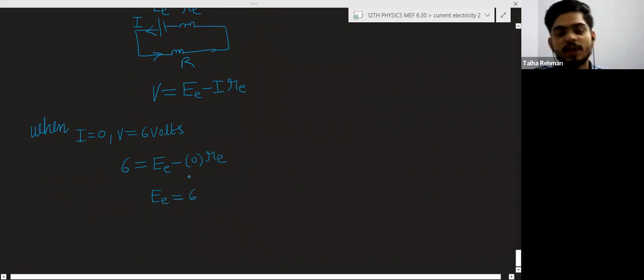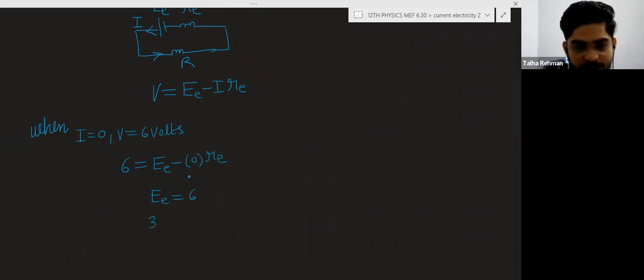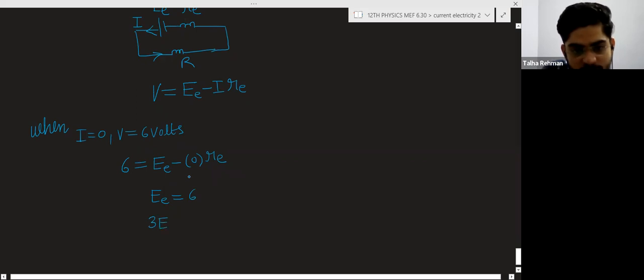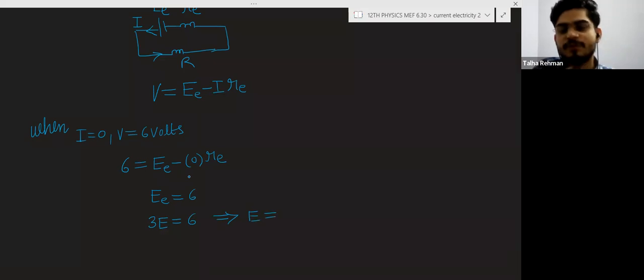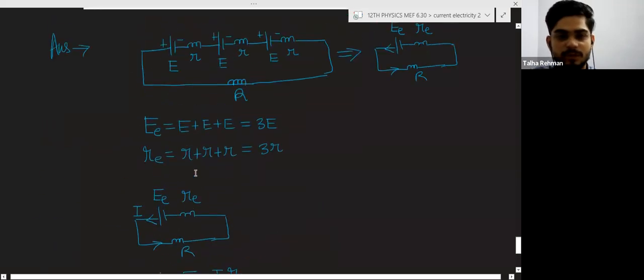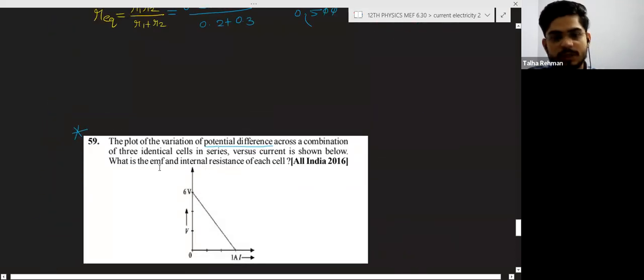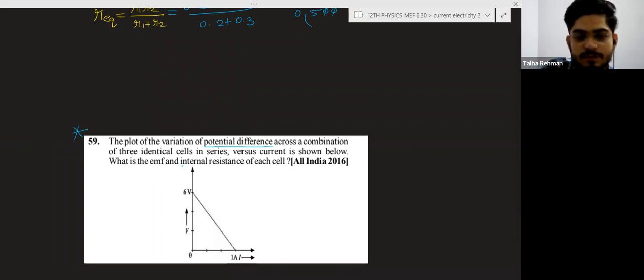And E equivalent we found is equal to 3E, which is equal to 6. So from here you will get the EMF of a single cell as 2 volts.